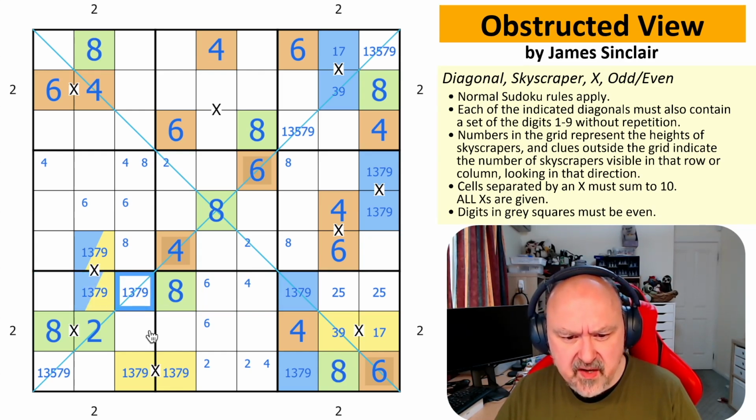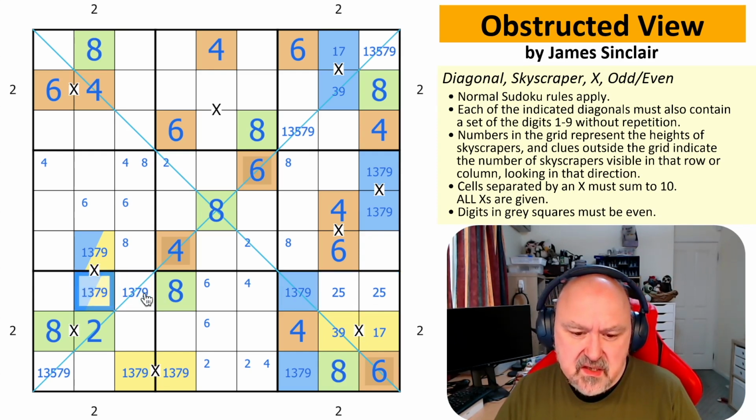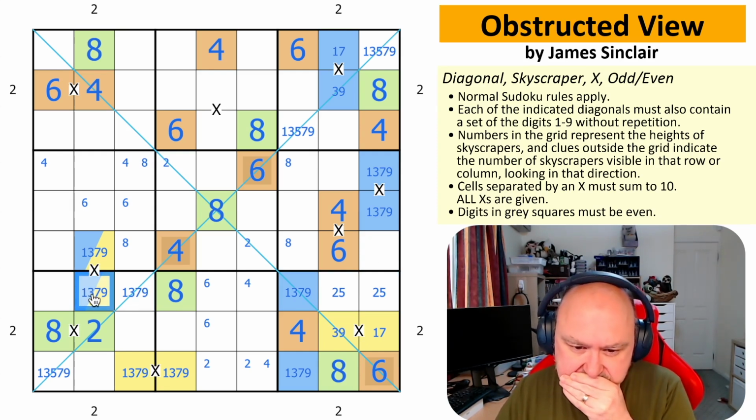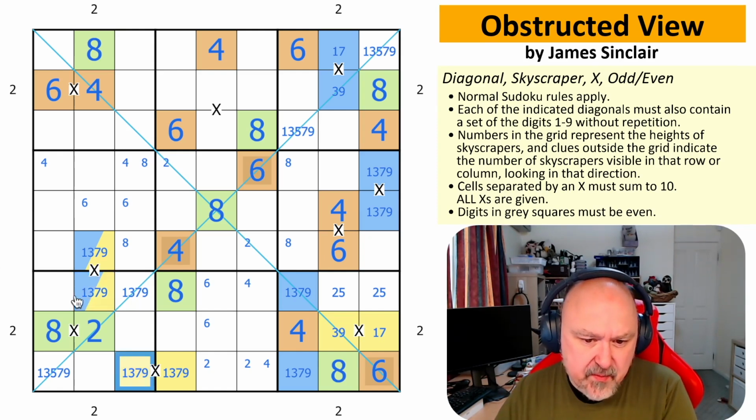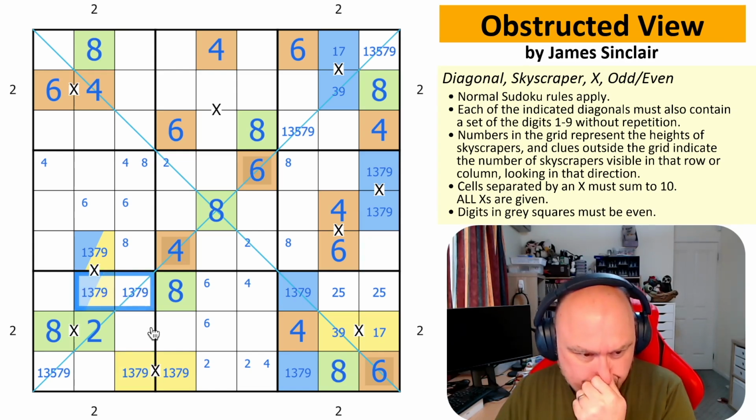Why is that not 5? Why did I say that couldn't be 5? Oh, because of this. So this is the opposite of that. Because there's no X there. And they'd have to be anyway, because I can't have 2 of the same of blue and yellow in here.